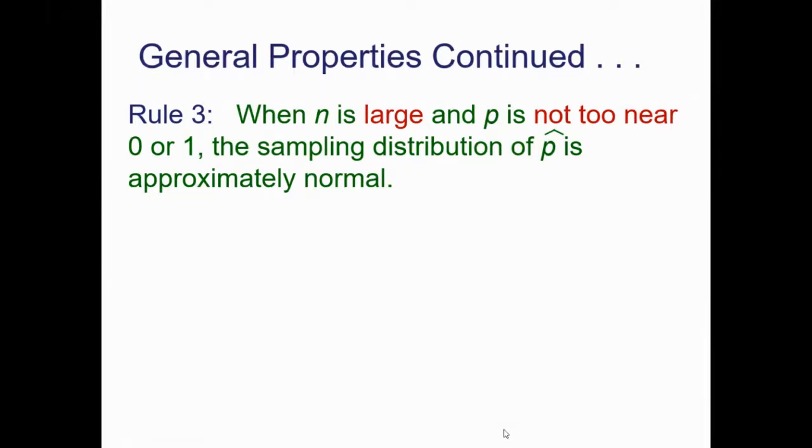And we saw that. When p got close to 0, it took us a long time to get normal. We got there, it just took us 100 samples.